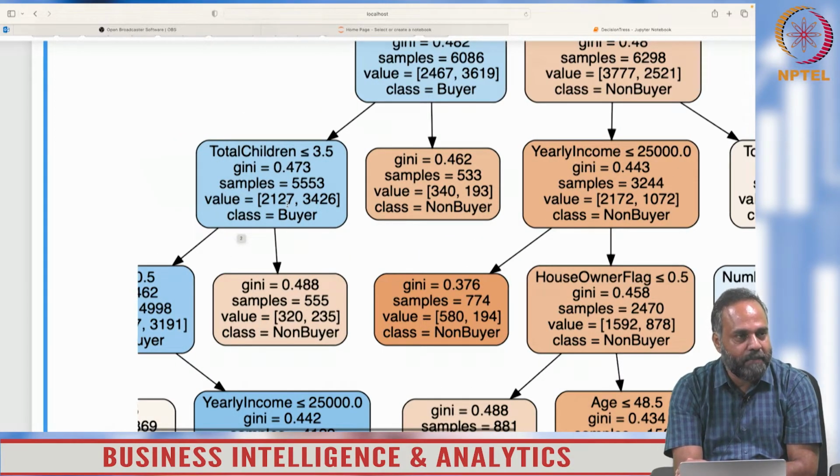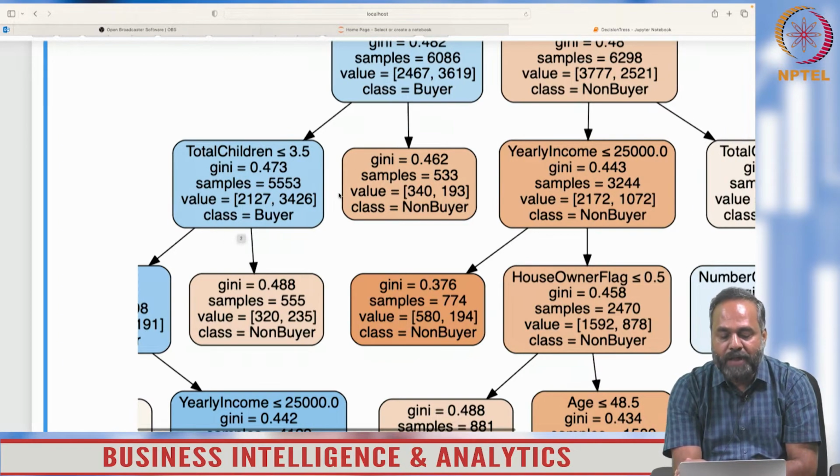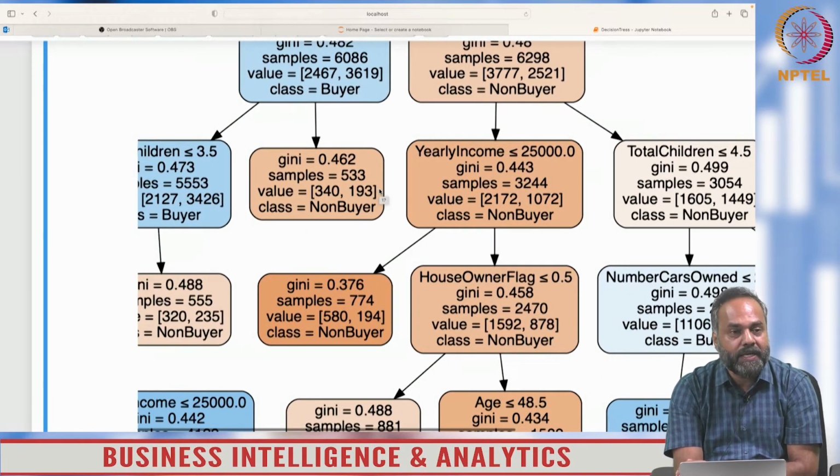Blue groups are all buyer groups, where the probability of 1 is greater than 0.5. And when it comes to brown, the probability is less; these are zero classes or non-buyer classes. The size and the proportion of each class in the group is also given.